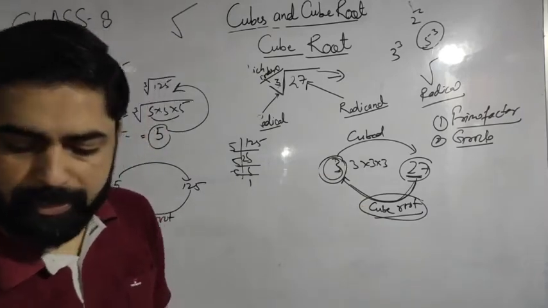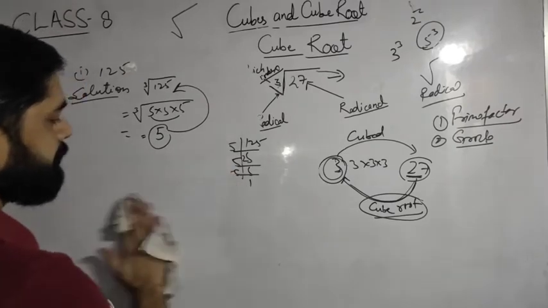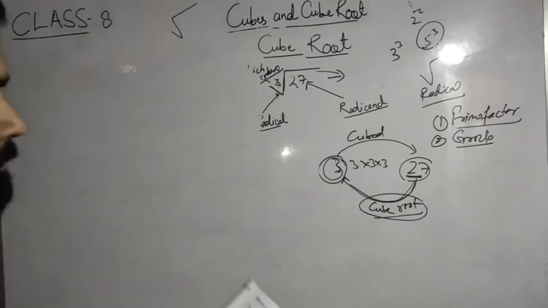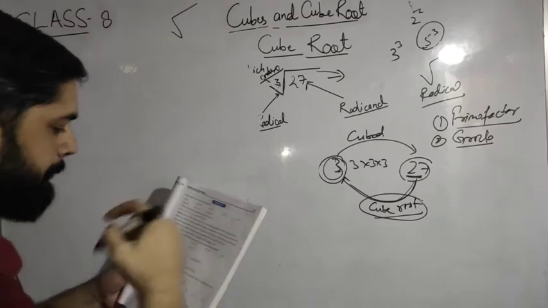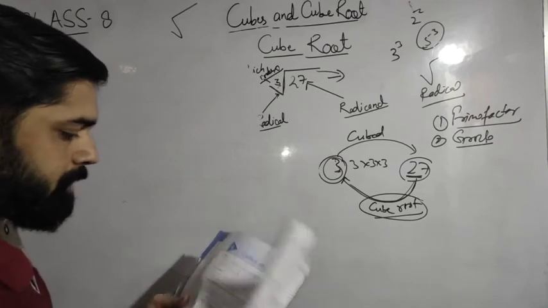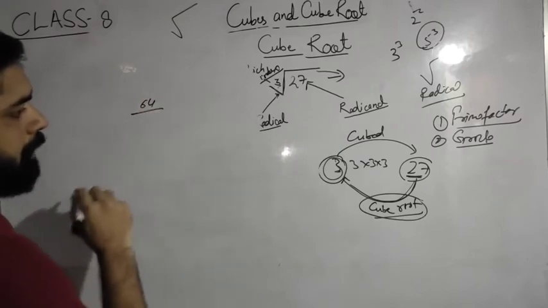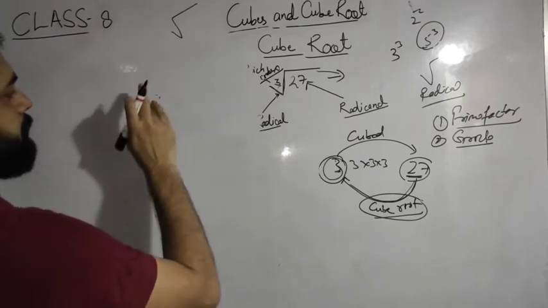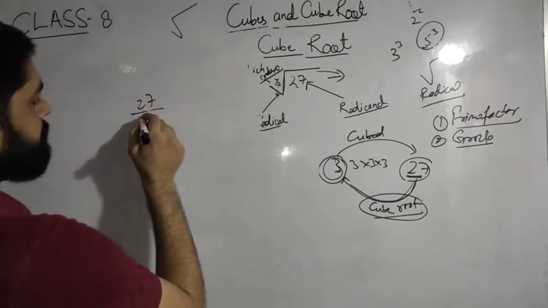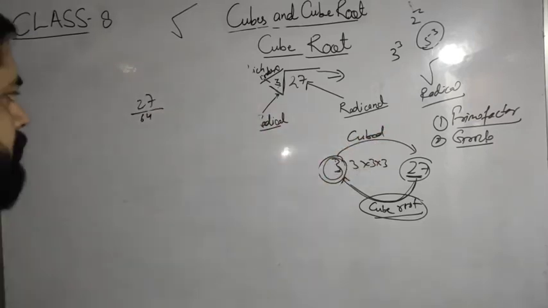Now we take another question from exercise 4, a fraction type question. We can take any question in fraction form, like 27 upon 64, same as with a square root.